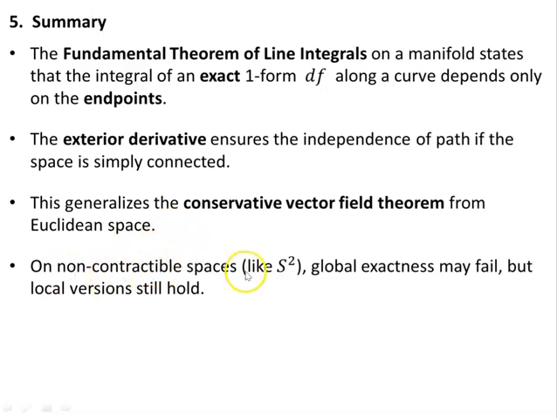And on non-contractible spaces like S2, remember the poles again, global exactness may fail, because remember, you're unlikely on a curved manifold to have one coordinate system to cover the entire manifold. So global exactness can fail, and it does with S2 at the poles, because what values does phi take? Theta is defined at the poles, theta is 0 and theta is pi, but what value does phi take?